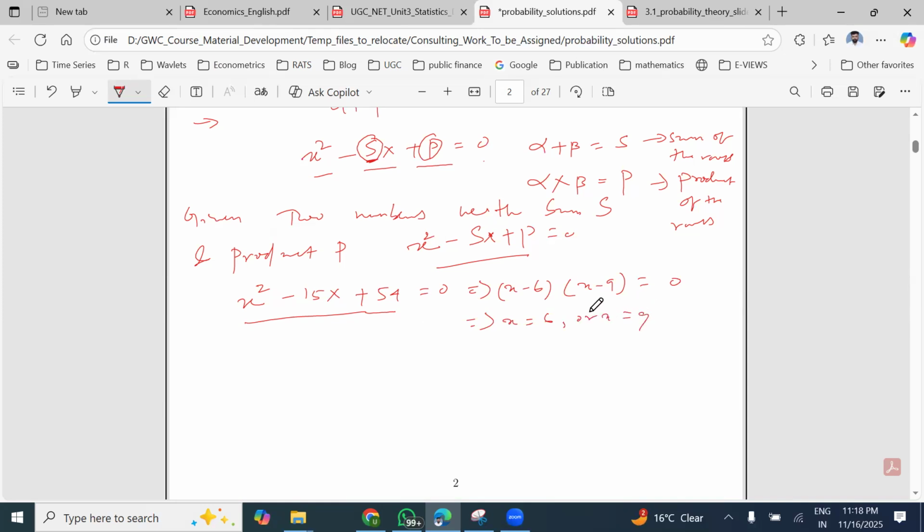Now the question is, we got 6 and 9, the roots. What is the next step, Sangeeta?